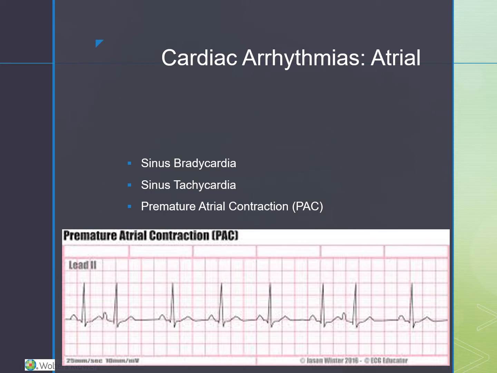It is contraindicated in angle closure glaucoma, acute asthma, myasthenia gravis, and GI and GU obstructions. Adverse effects: well, we're giving it to increase the heart rate, but it can increase it too much. It also is going to dry things out.